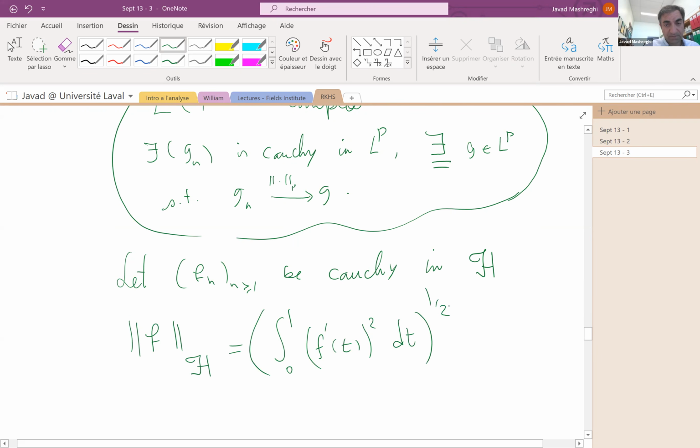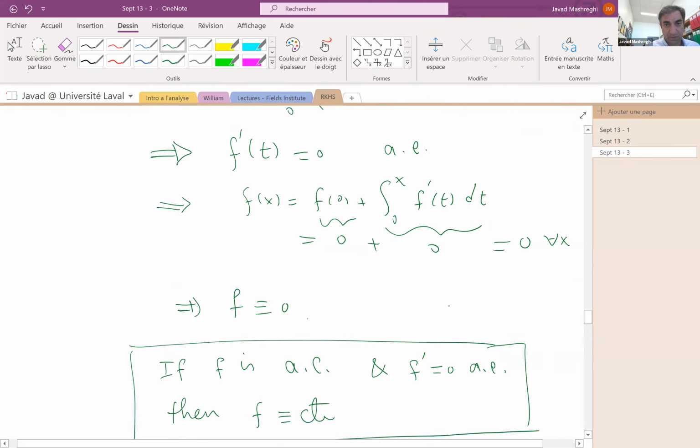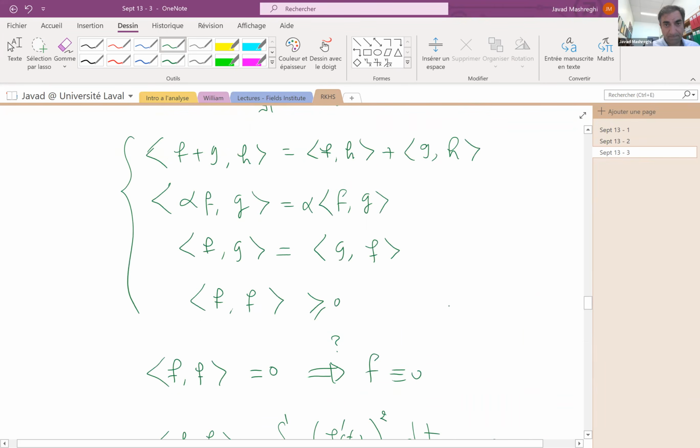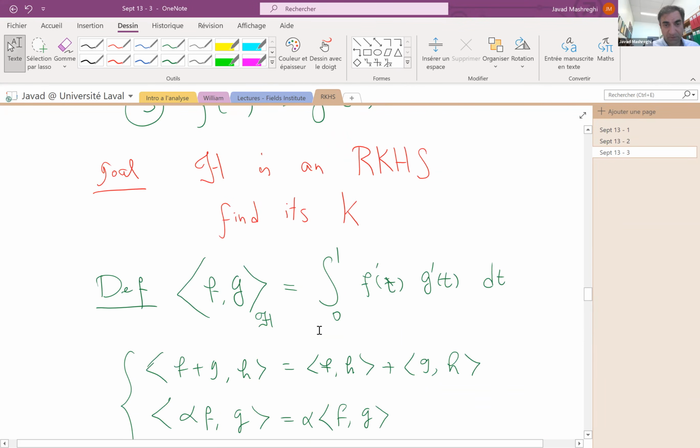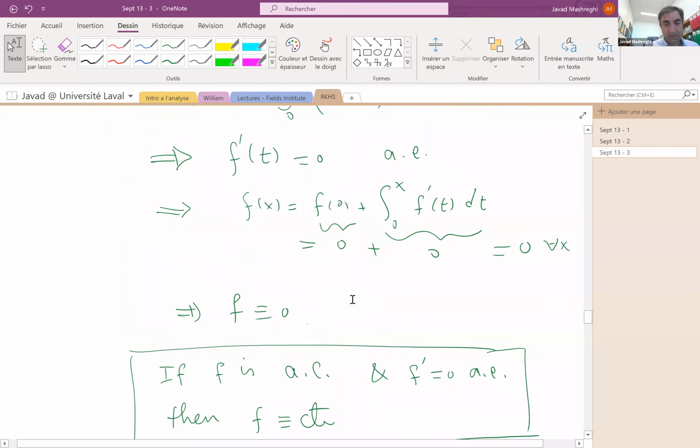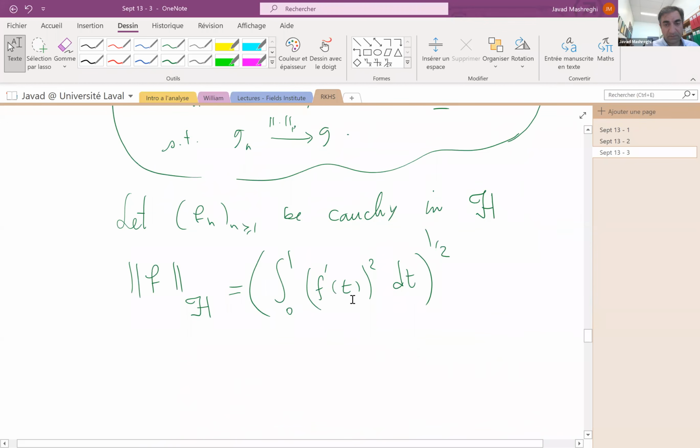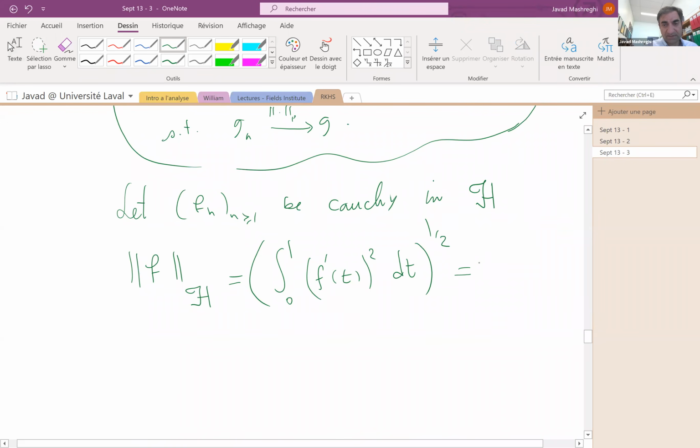That's the same formula we have here, with f equal to g. I can write this as the norm of f prime in L2 of 0, 1.